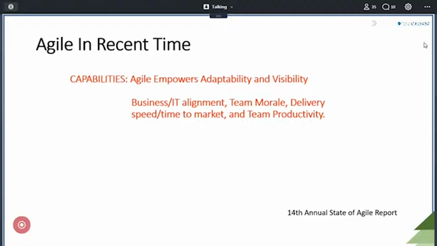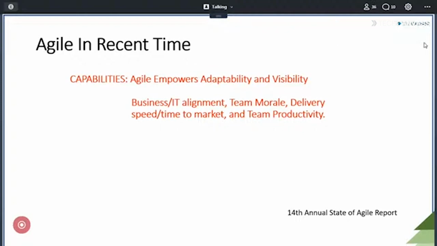The responding organizations to this survey came from different domains, to name a few: technology, professional services, government, industrial, manufacturing, pharmaceuticals, healthcare, education, and many different industries. So you can see how Agile is touching all these domains, all walks of life.